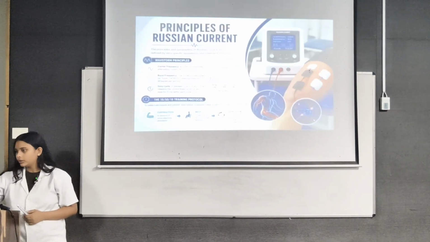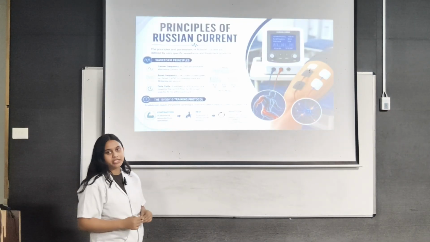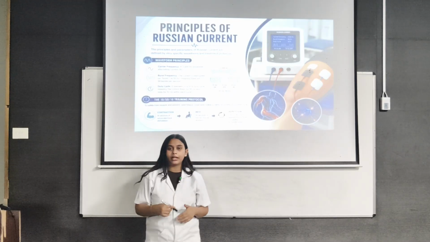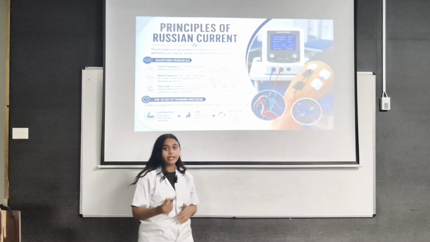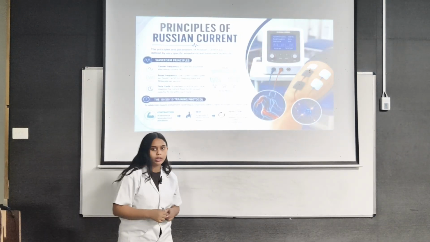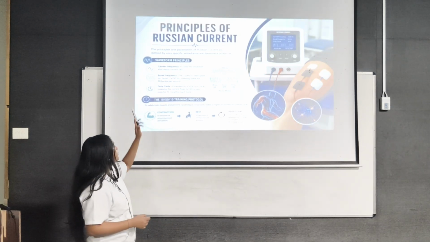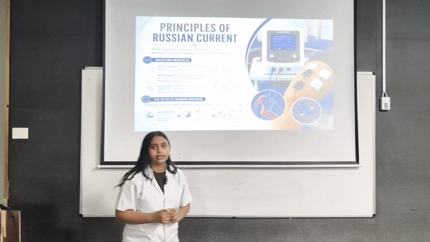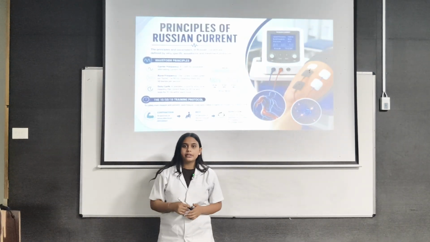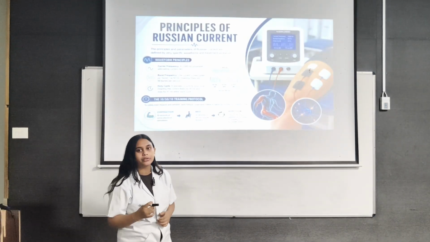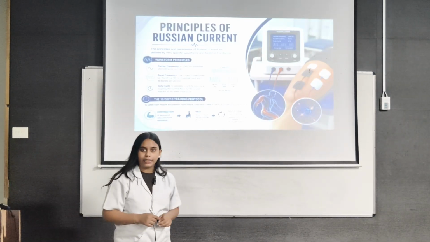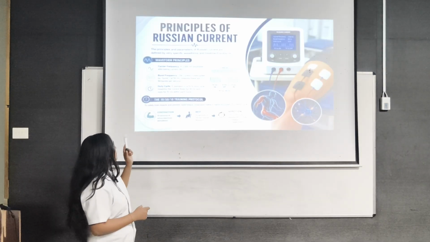So the principles of Russian current. The principles and parameters of Russian current are defined by very specific waveforms and treatment protocol. In the waveform principles of Russian current, first is the carrier frequency. The carrier frequency of the Russian current is 2500 Hz, which is a sinusoidal alternating current, and the burst frequency.